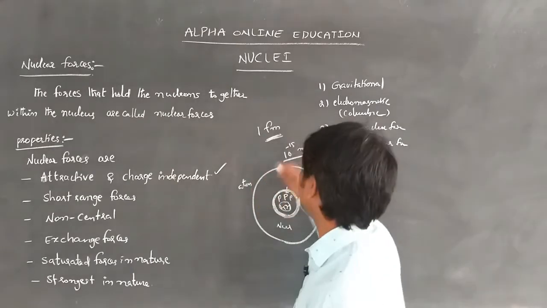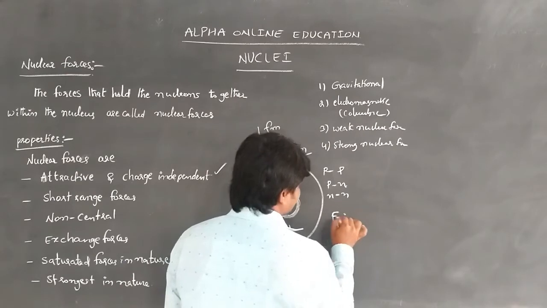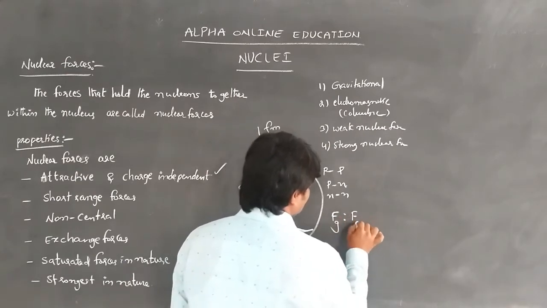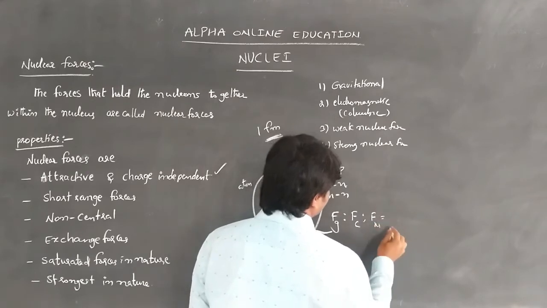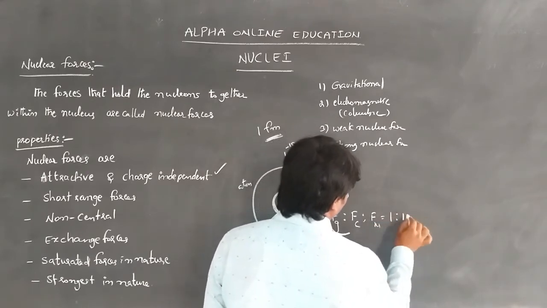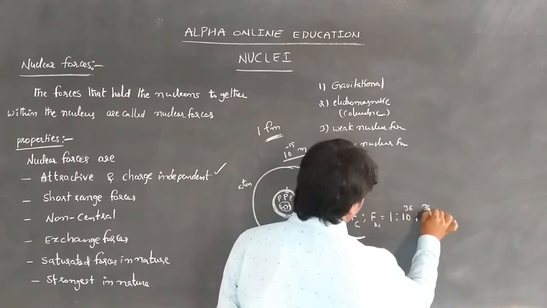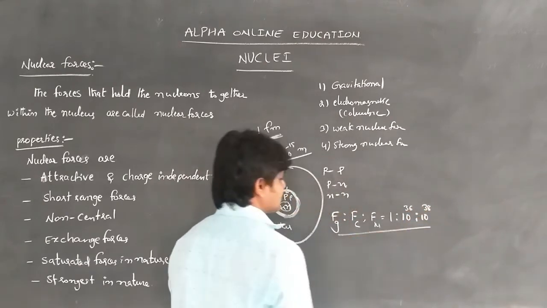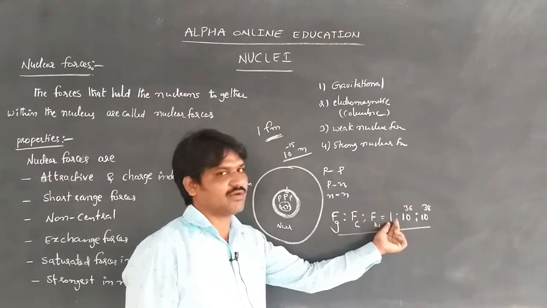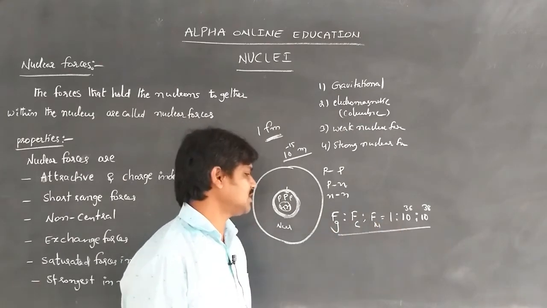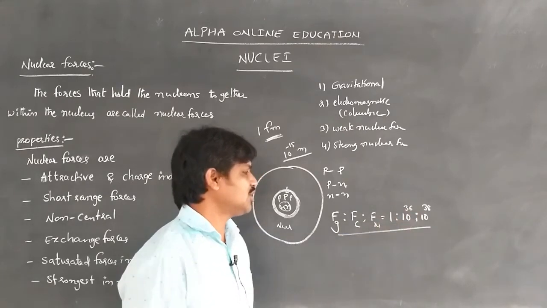If we take the ratio of the gravitational force, the Coulombic force and the nuclear force, it is 1 to 10 to the power of 36 to 10 to the power of 38. The gravitational force is the weakest force, the Coulombic force is 10 to the power of 36, and the nuclear force is 10 to the power of 38.